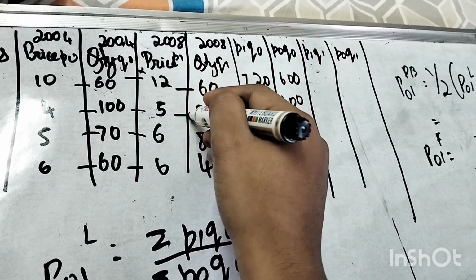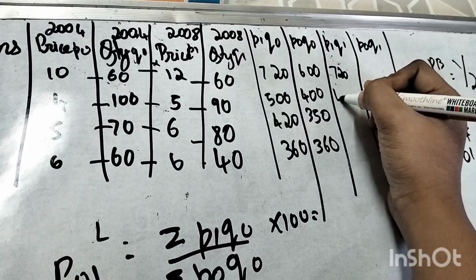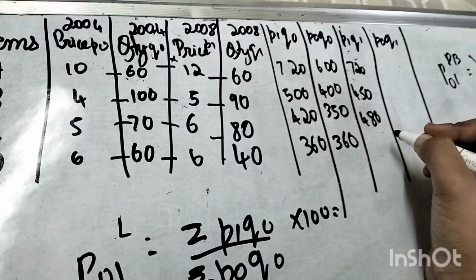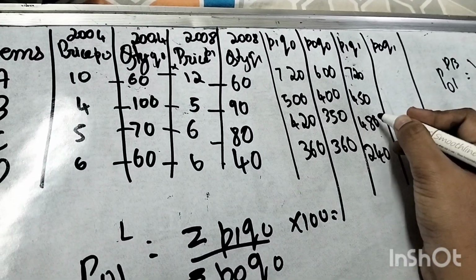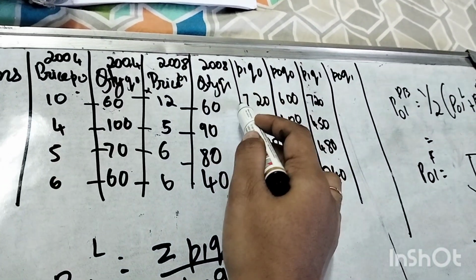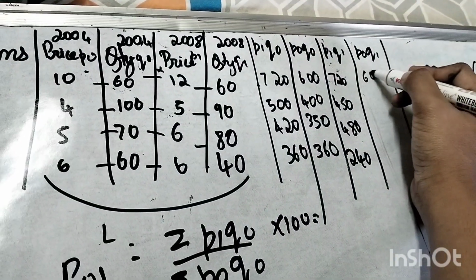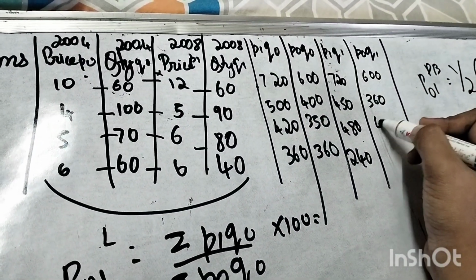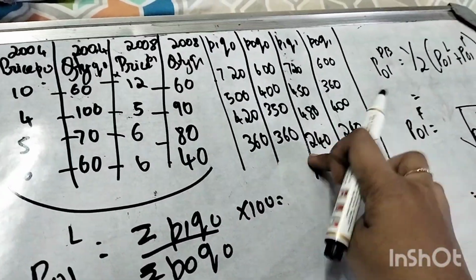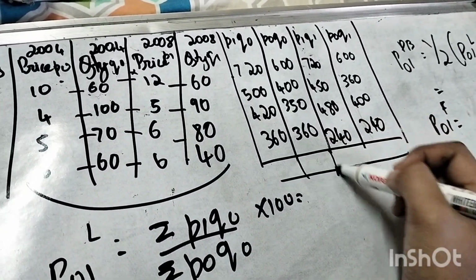P1 Q1 is these two columns: 720, 5 into 90 is 450, 6 into 80 is 480, 6 into 40 is 240. P0 Q1, this is P0, this is Q1, so you multiply these two: 10 into 60, 600, 360, 400, 240. Then you take the total of all these columns. I will just total all of it.